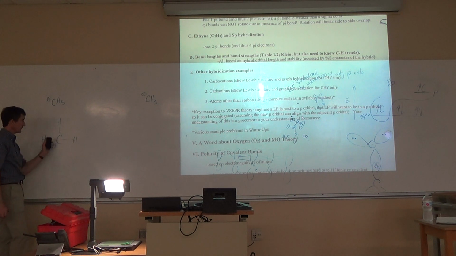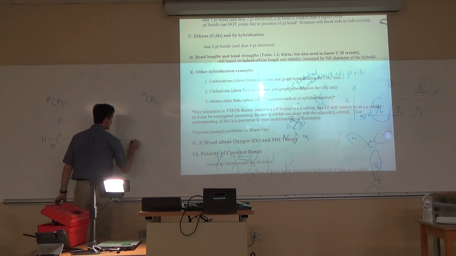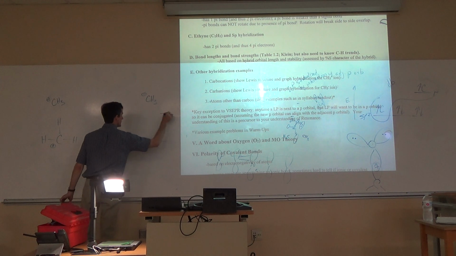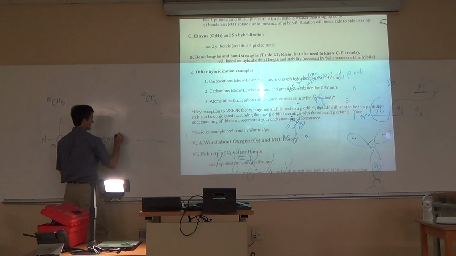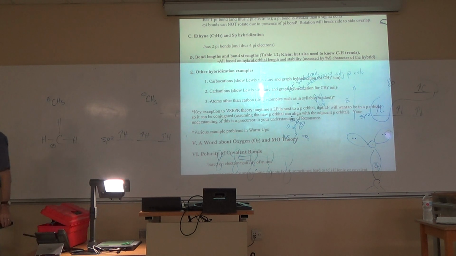Okay? What's the true geometry here? What hybridization do we expect for this carbocation? How many regions? 3. What do we expect? sp2. P orbital left over. What type of bonds do you see? Sigma bond to H, sigma bond to H, and sigma bond to H. What's in the p orbital? P orbital is empty.